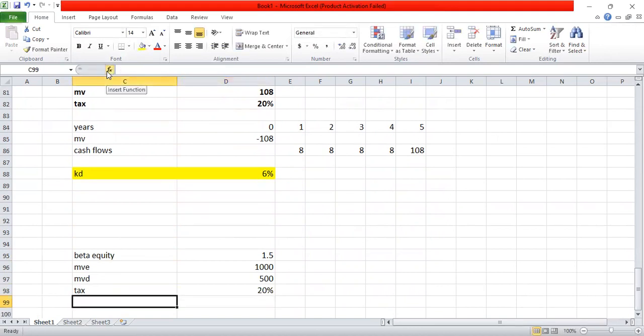Examiner is asking you to find out the value for the beta asset.